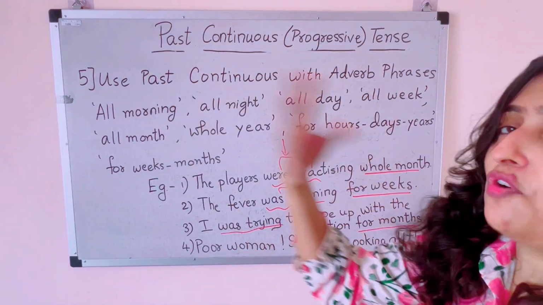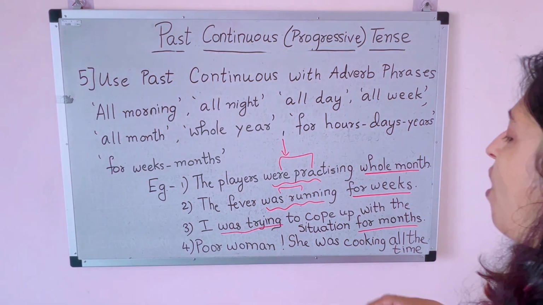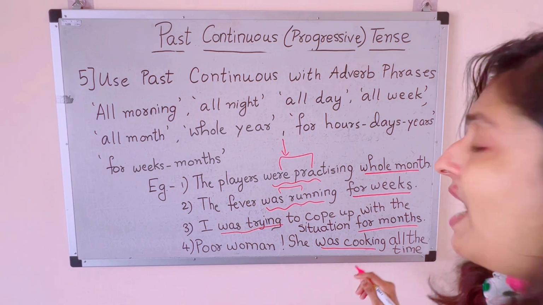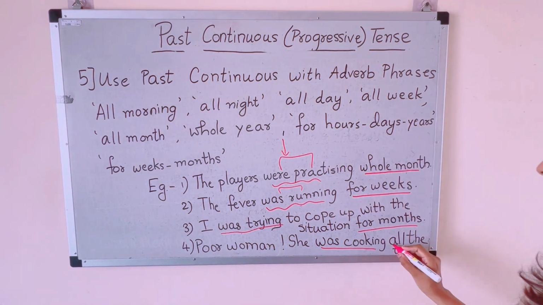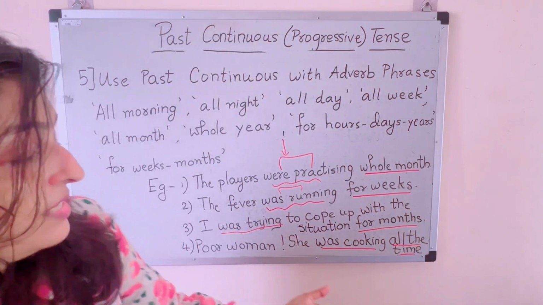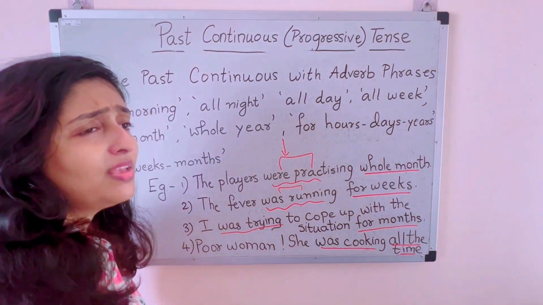I was trying. Next example is, poor woman, she was cooking all the time. This is in past continuous and all the time is the adverb phrase here. Poor woman, she was cooking all the time.